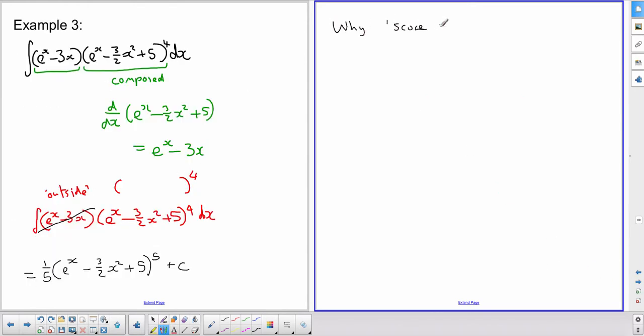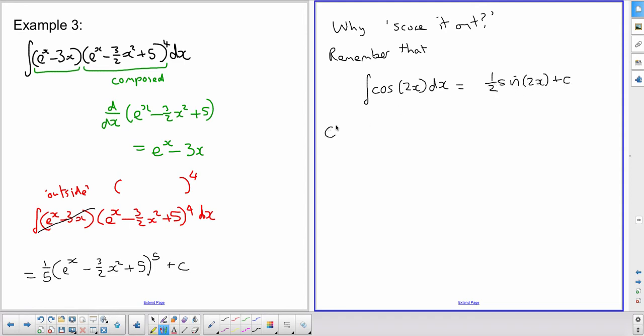Why do we score it out? Well, remember that when you use the chain rule, for example on a simple function such as cos 2x, that anti-differentiates to sine 2x divided by 2. The chain rule says to differentiate something. Suppose I have y equal half sine 2x.